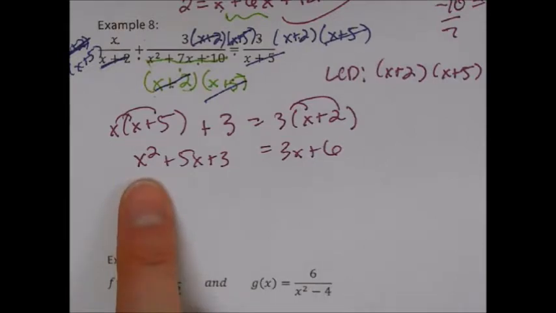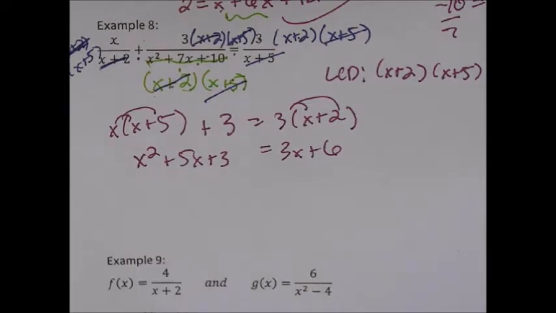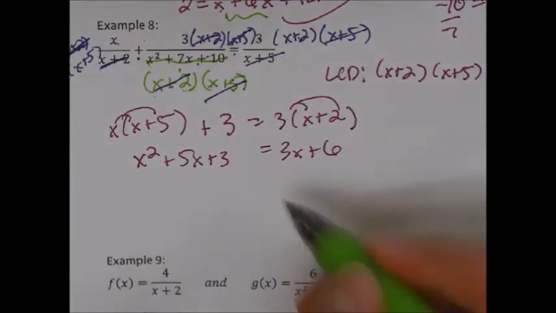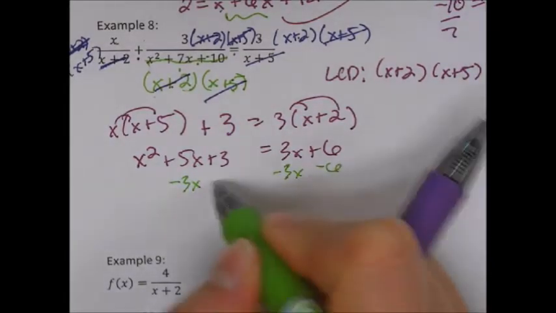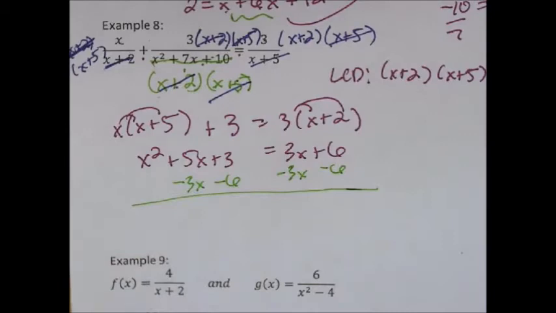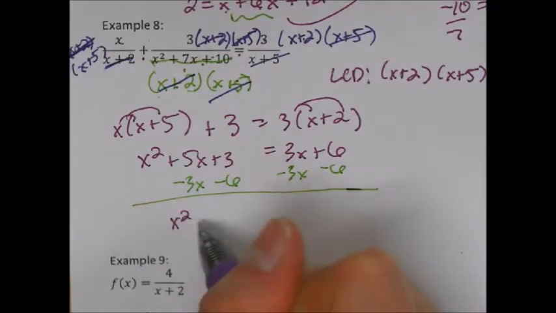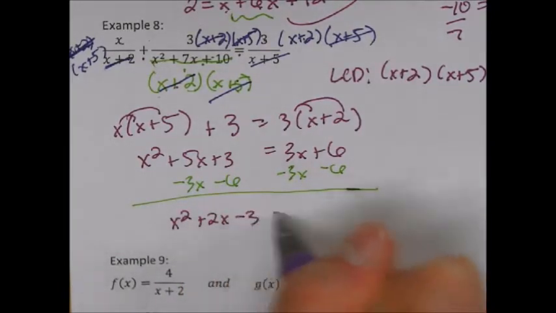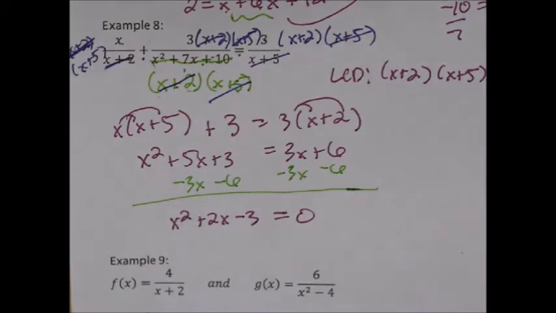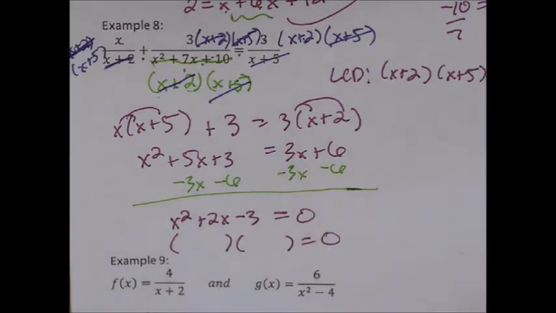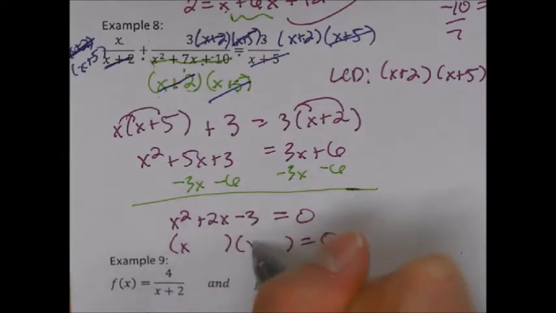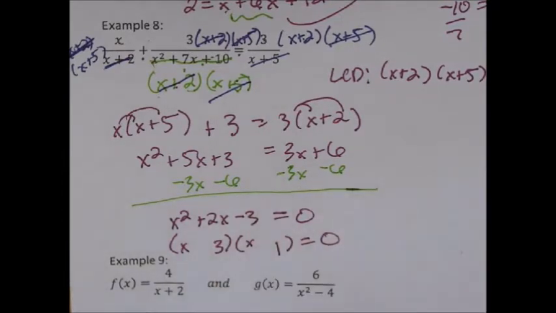X squared means I'm going to have to factor, so I'm going to subtract the 3x, subtract the 6, because I need to get it set equal to 0. Now I can factor. Let's see.